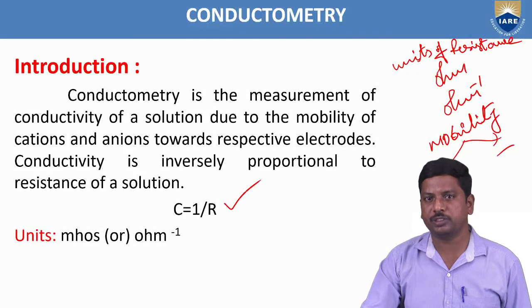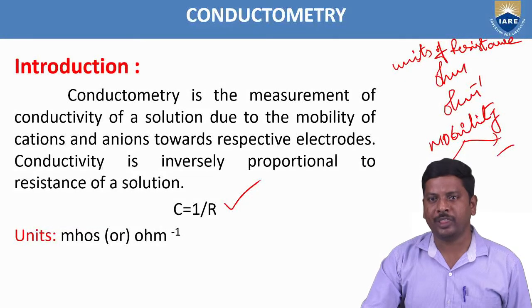Positive charge species are called cations and negative charge species are called anions. So it depends upon the charge on the particular species, and because of the mobility of the ions, the conductivity proceeds. According to the formula, conductivity is the reciprocal of the resistance.